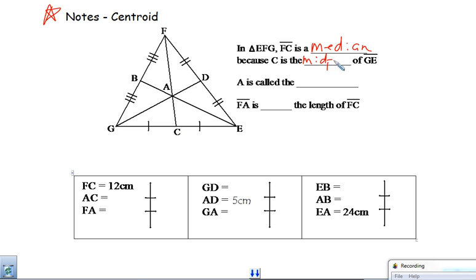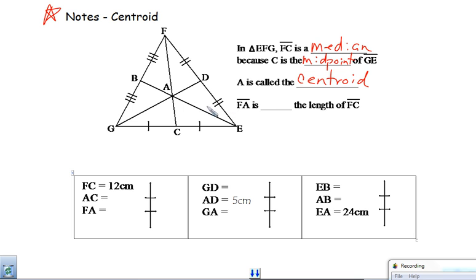The way that we can tell that is because of the slashes between here, showing us that GC and CE are the same distance from each other. So this A point right here, GD is also a median, EB is also a median, and where they all meet is called the centroid.